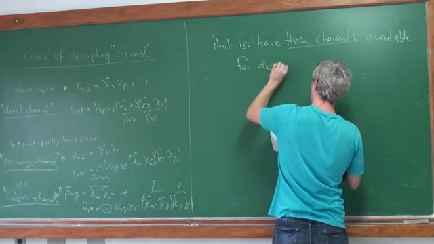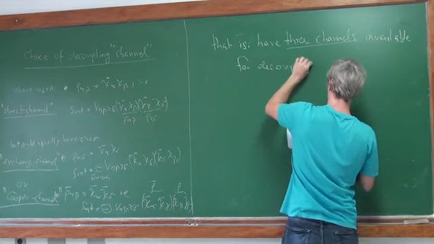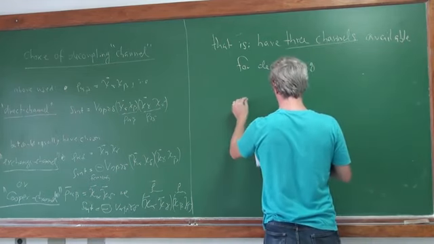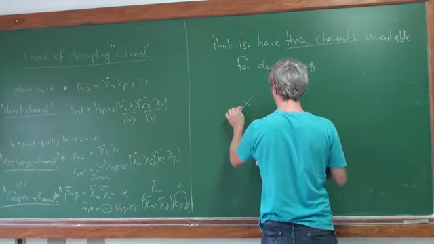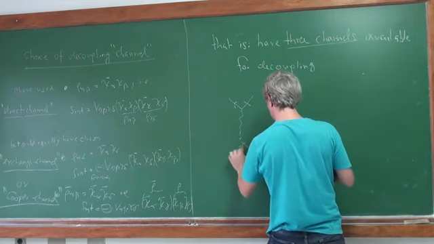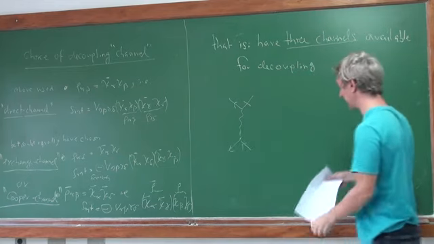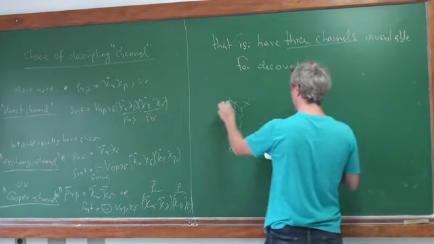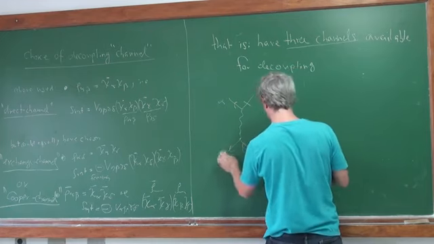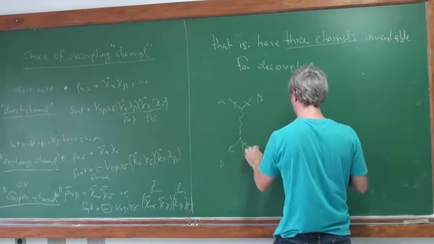And it is somewhat instructive to draw this in some pictures. So let's draw a general interaction vertex where we create an alpha and we create a gamma and destroy the beta and destroy the delta.